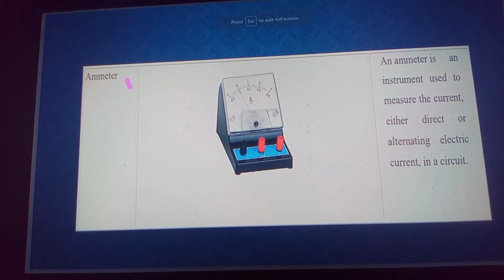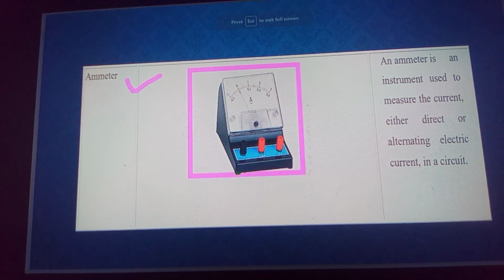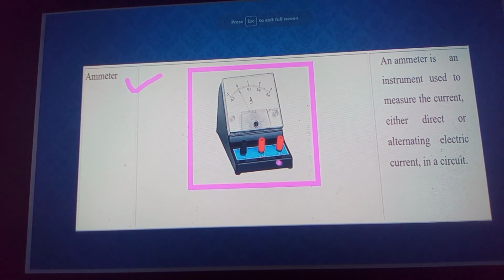Ammeter. Ammeter is also an electrical instrument. So it is this. You can observe it correctly. It is found, of course, in a science lab.